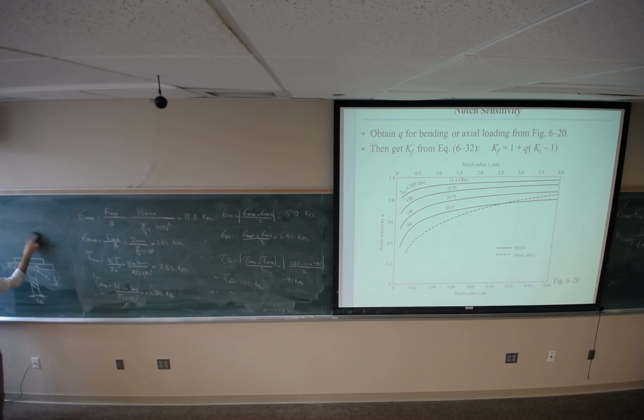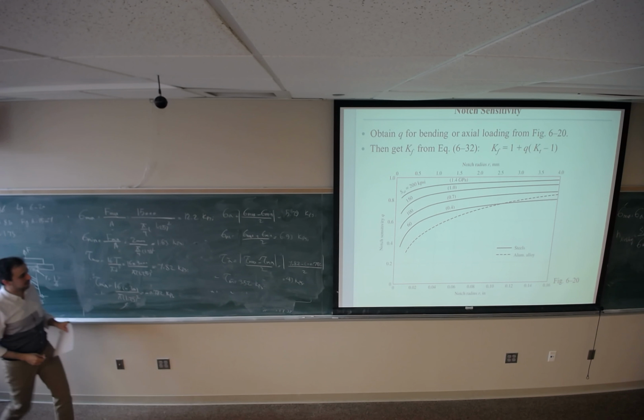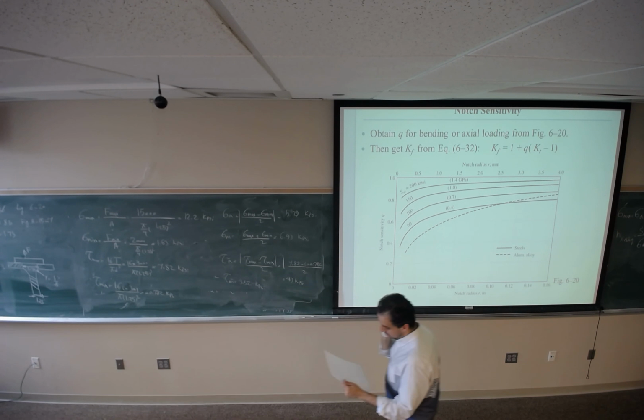I can read q equals 0.86, coming from figure 6.20. And Kt is going to be 1.85, figure A15.7. I will find Kf equals 1.73.